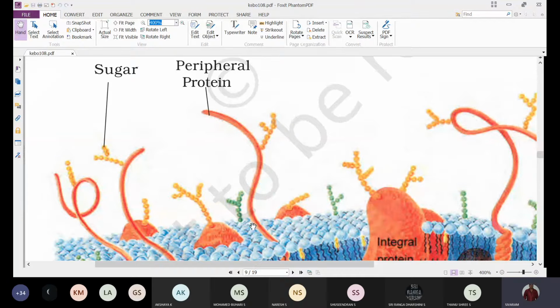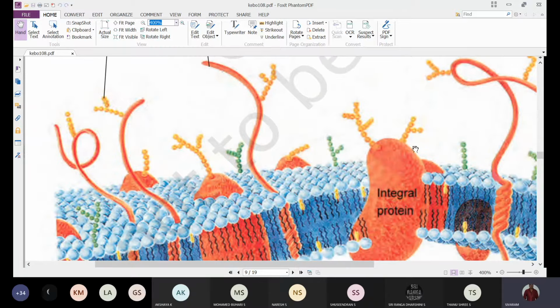Along with that, we can observe the sugar molecules. That means the peripheral proteins are associated with sugar molecules or carbohydrates. So that's why we can also call this protein a glycoprotein. The term refers to sugar molecule. Here we can see this molecule is also associated with certain carbohydrates.